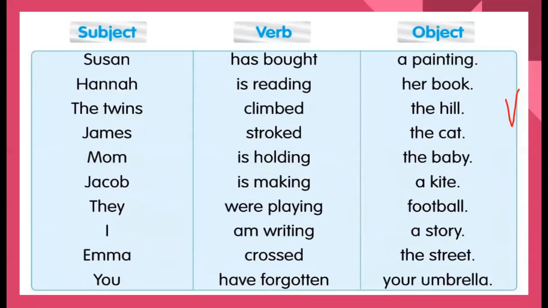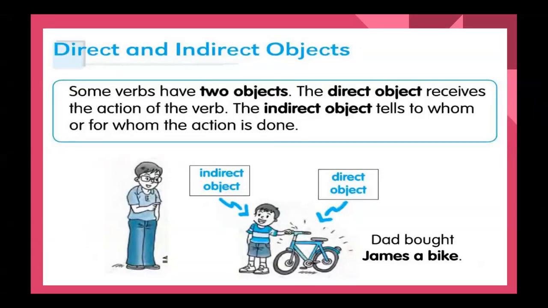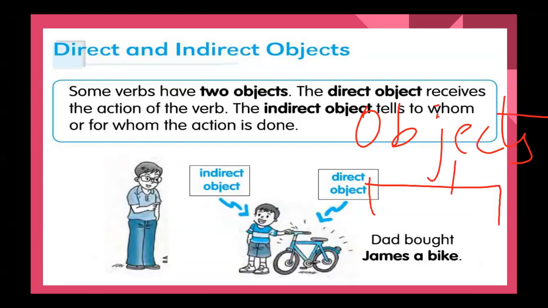Now let's see what are direct and indirect objects. Subjects and objects हमने अभी पढ़ा, right? We have studied just now. Now, objects are of two different types: direct object and indirect object.